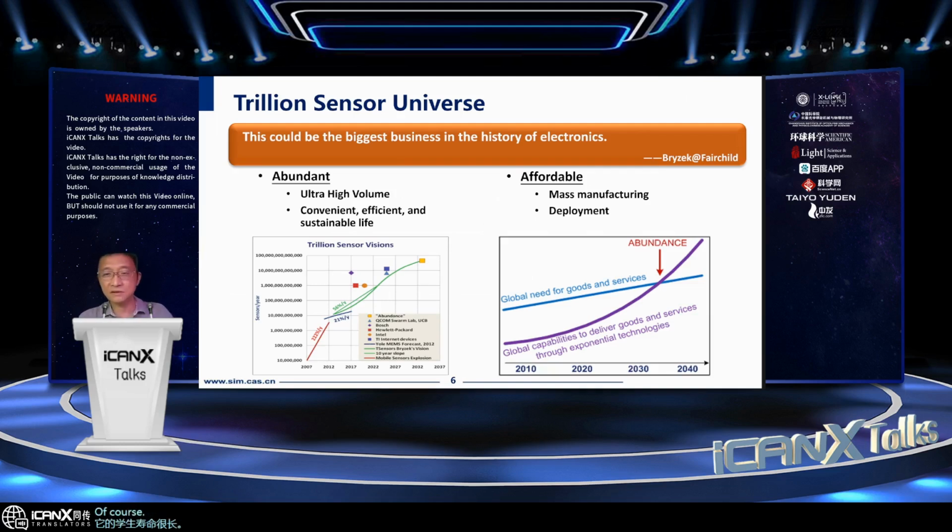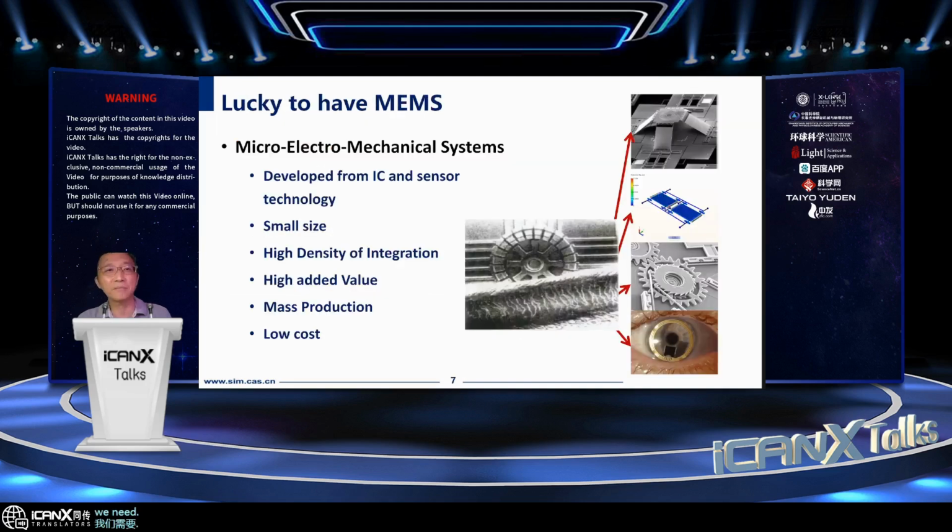Of course, mass manufacturing is needed, and so we need MEMS. We're lucky to have MEMS. As we all know, MEMS is a very mature technology today, developed from IC technology, and it can produce small size but high quality sensors with mass production and low cost.